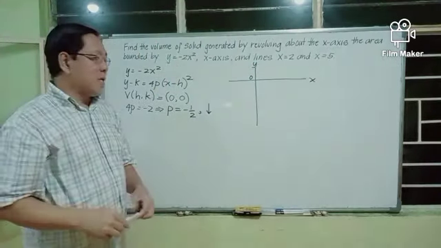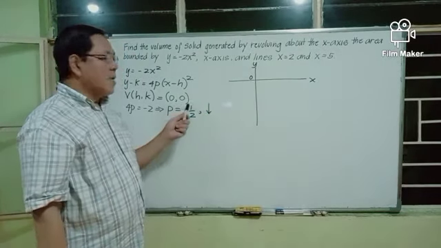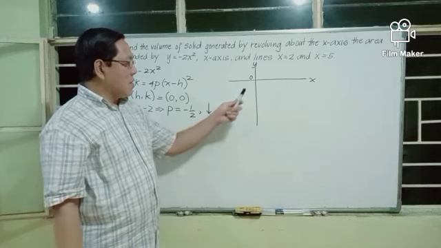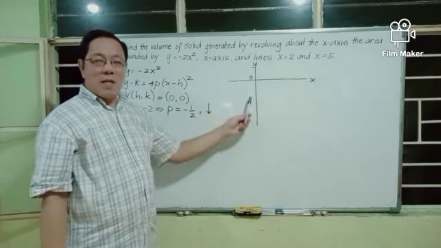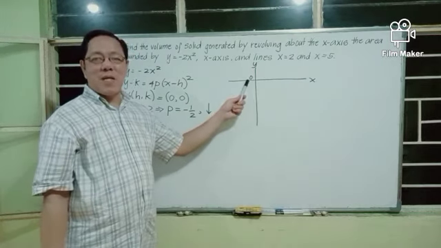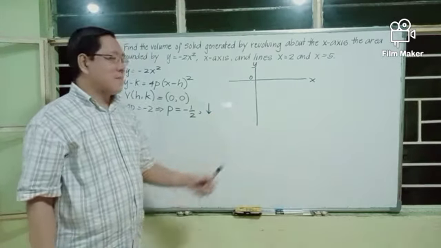We know that the vertex is at the origin, or the point (0, 0), and the parabola is open downward. And the axis of symmetry, the line through the vertex that divides the parabola into two equal parts, is the y-axis.